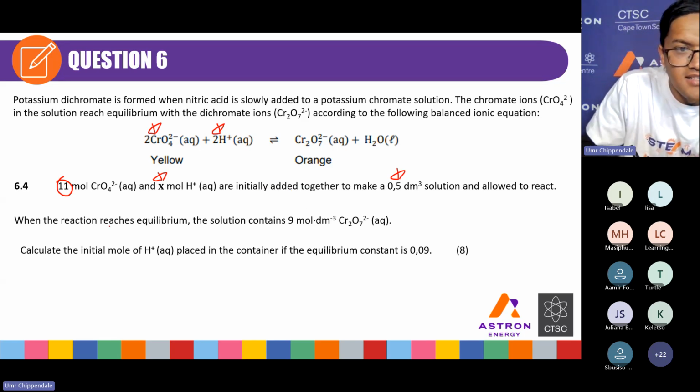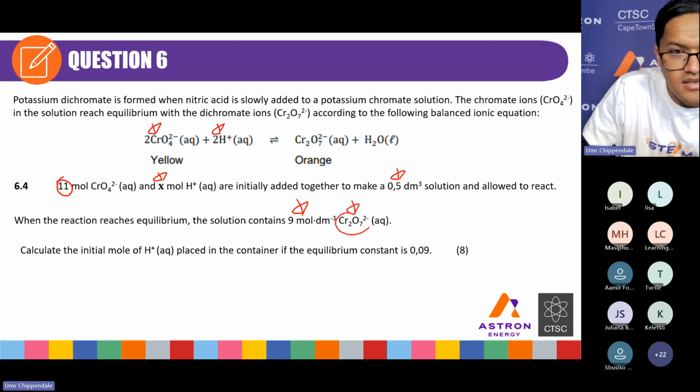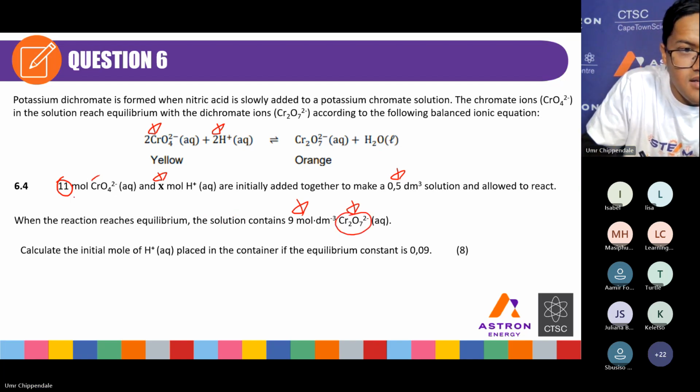When the reaction reaches equilibrium, we will have 9 moles of our product, which is this. Please do not get confused by this and this. I know it looks very similar, but it's not.